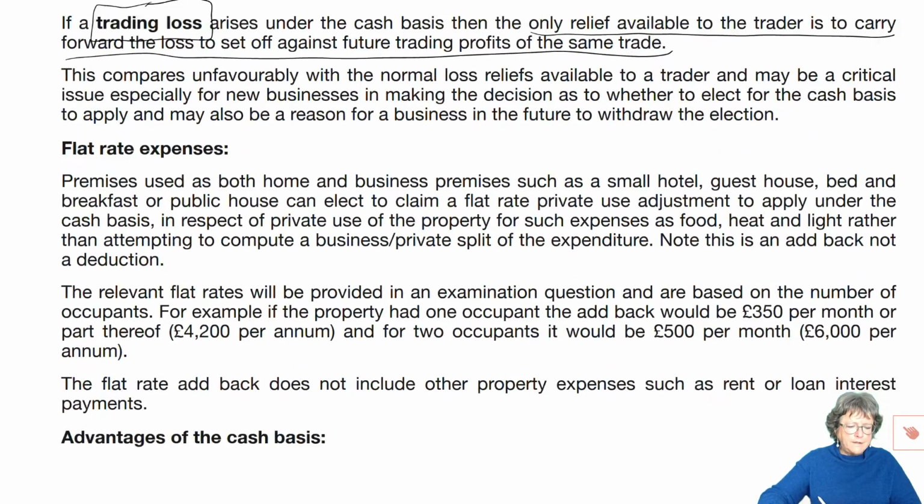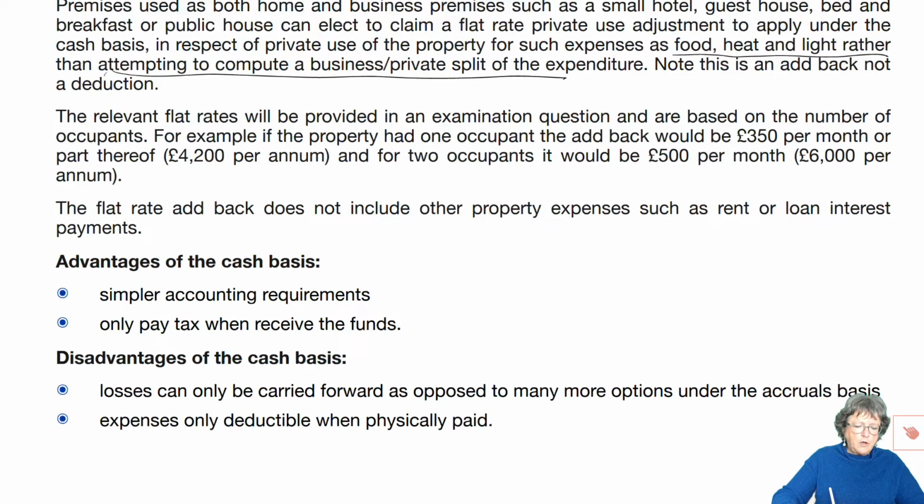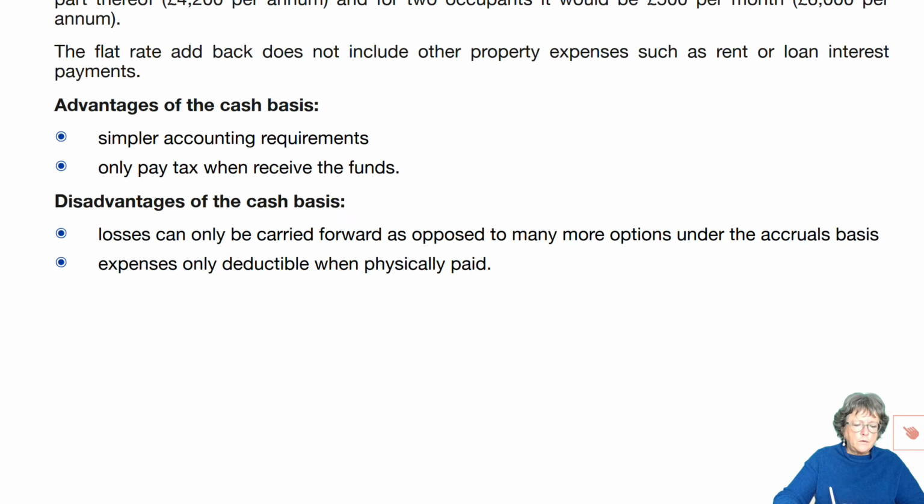There are flat rate expenses that can be claimed for use of home, and the flat rate expenses will be given to you in the exam question. So it's an adjustment for your expenses such as food, heat and light, rather than attempting to compute the business split. There are some advantages to the cash basis.